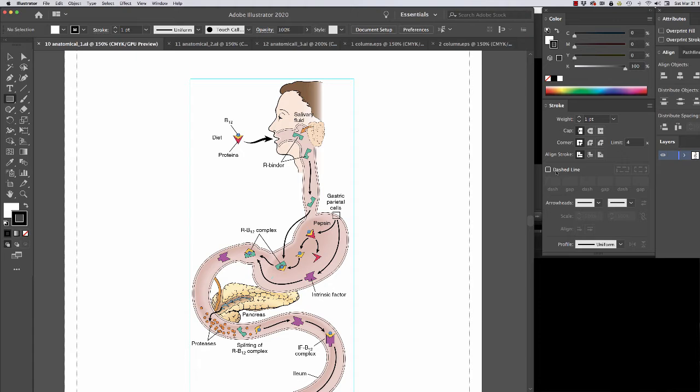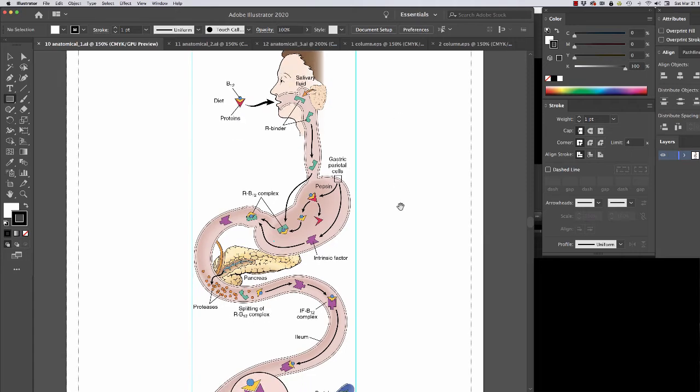You can superimpose this sequential illustration showing what happens to vitamin B12 and how it's ultimately absorbed in the intestine, and then superimpose that over the normal anatomy from top to bottom in the human figure. Now, obviously, this is not meant to be a very realistic illustration of the digestive system.